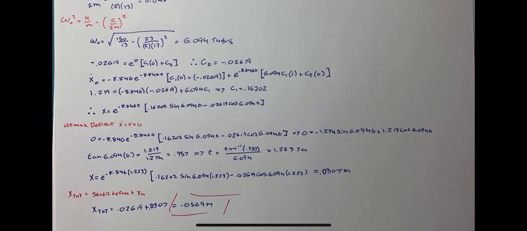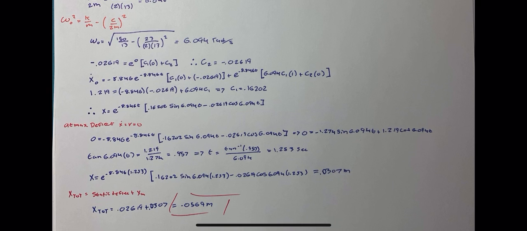So we'll have to go back, and at max deflection, we know that x dot is equal to v is equal to 0. So using that, we can equate the earlier equation to 0. Plug in everything we know and simplify.